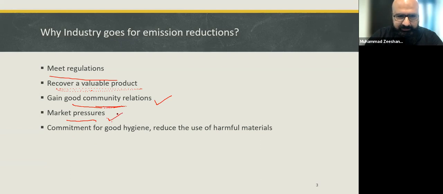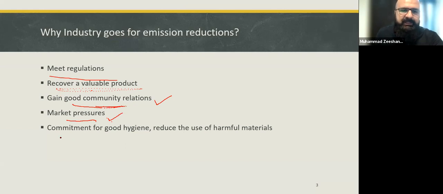Similarly, sometimes the market also demands the control of air pollution. For example, to sell your product in certain markets, you need certifications like ISO 9000, ISO 14000, and other similar certifications. You must have heard about those in marketing campaigns. In the marketing campaigns of industry, they say that their products are certified, and some of those certifications require the arrangements and the mechanisms of air pollution control in place.